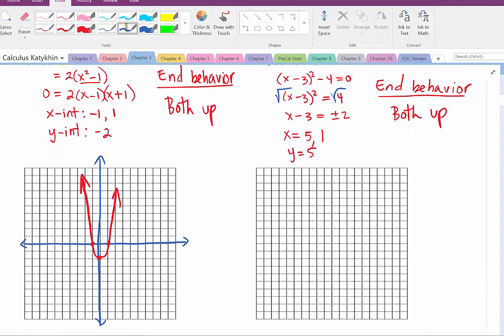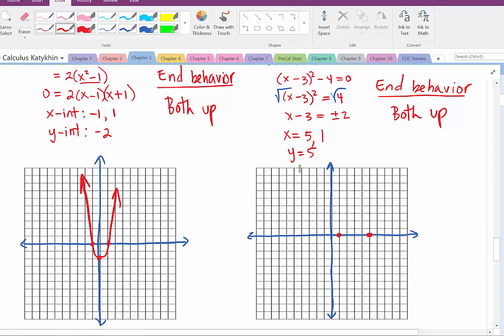So let's go ahead and sketch this graph. And again, when we talk about sketching, it does not have to be perfect. It just has to represent it pretty well. So x-intercepts are going to be at positive 5, 1, 2, 3, 4, 5, and at positive 1.